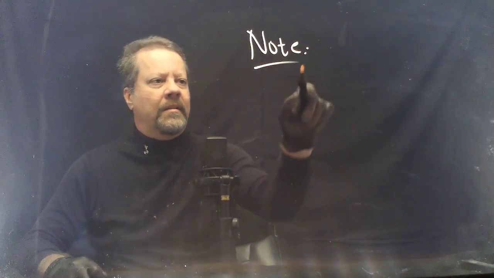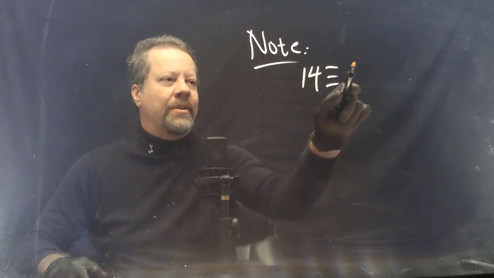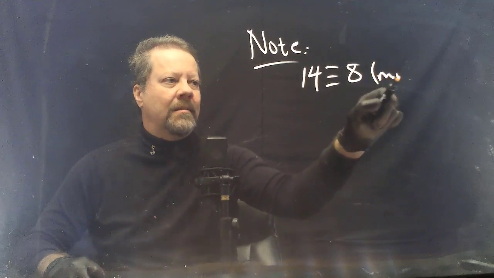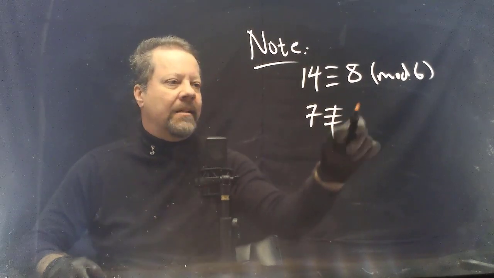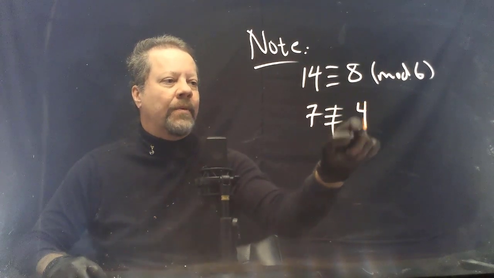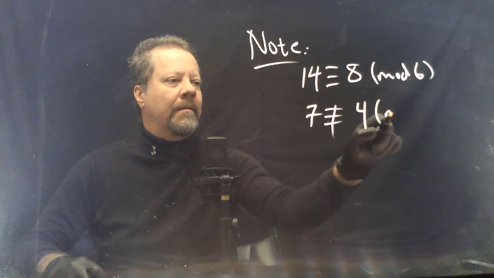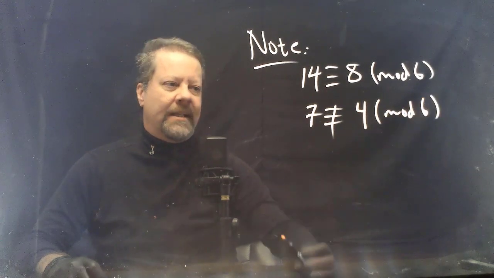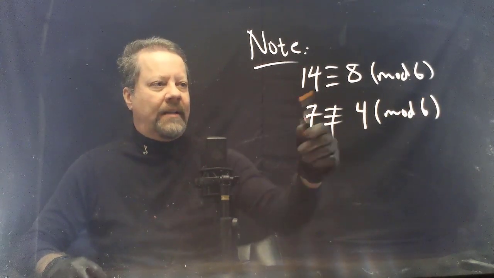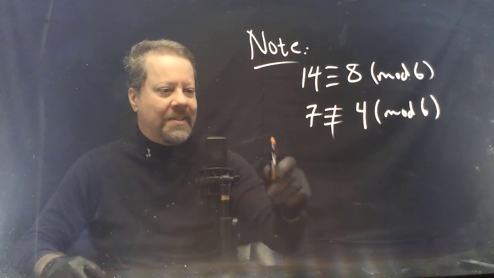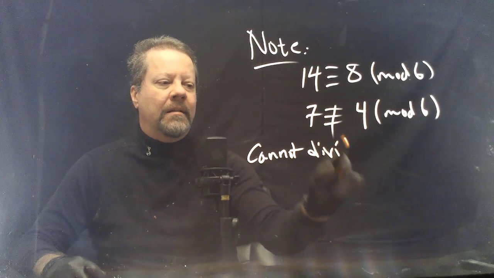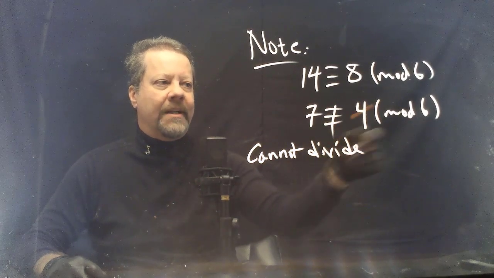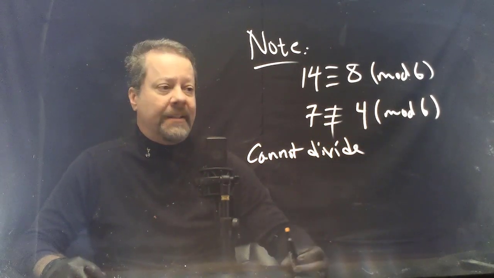Note, 14 is congruent to 8 mod 6, but 7 is not congruent to 4 mod 6. The moral of this story is that you cannot divide common factors on each side of modular arithmetic.